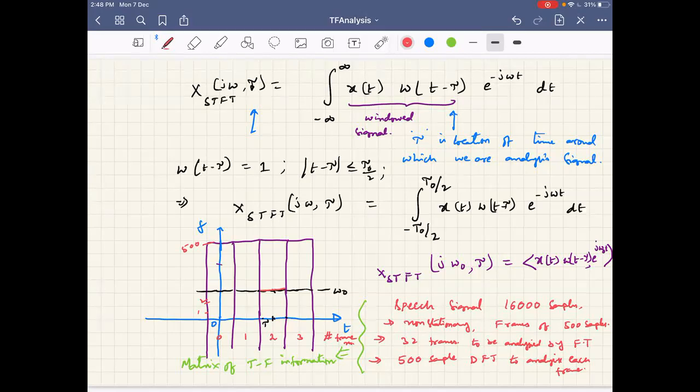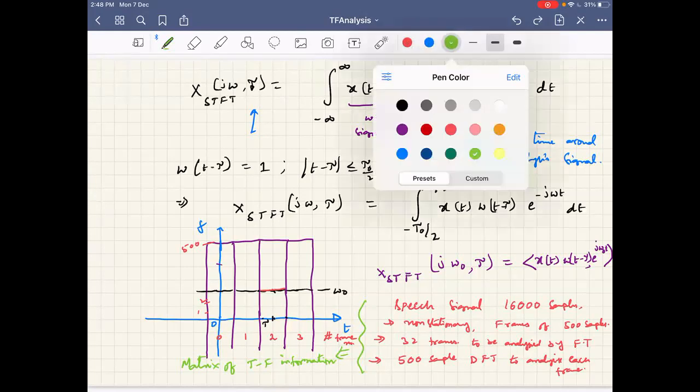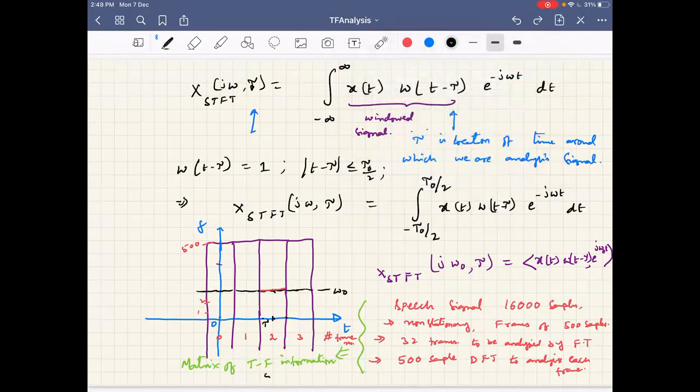So the dimensions of this time frequency information are 500 cross 32, a matrix of 500 cross 32 frequency coefficients.